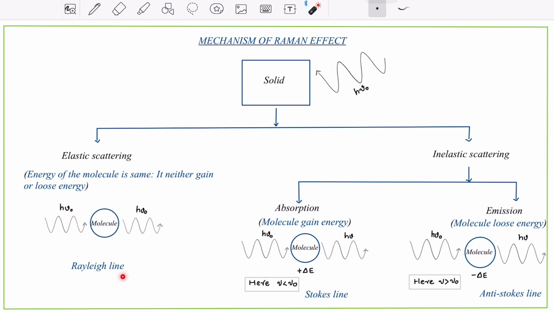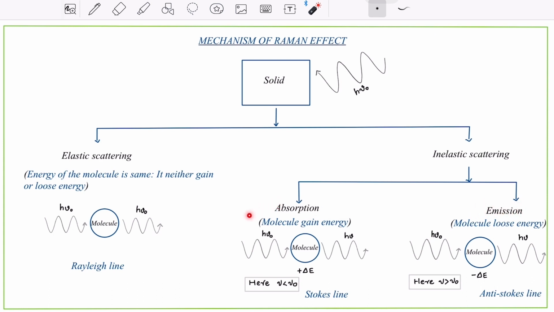Correspondingly, you will get a spectral line that is called Rayleigh line. Now, what is inelastic scattering? In inelastic scattering, the molecule either gains energy or loses energy, and depending upon that, we have absorption and emission. In absorption, the molecule gains energy, whereas in emission, the molecule loses energy.